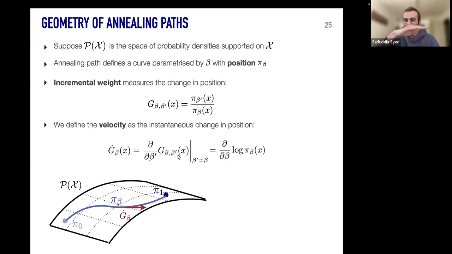There are some regions where the mass is going to increase, some regions where the mass is going to decrease. And this is precisely what's encoded by the Fisher score function. So this velocity effectively corresponds to the derivative of the log of the density.